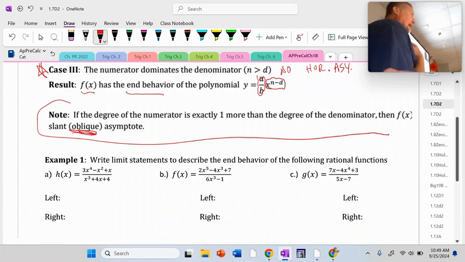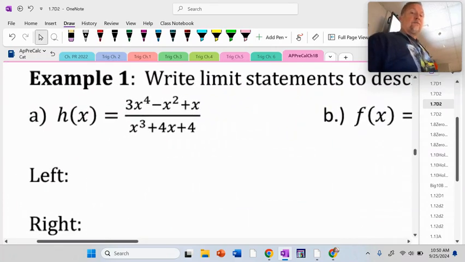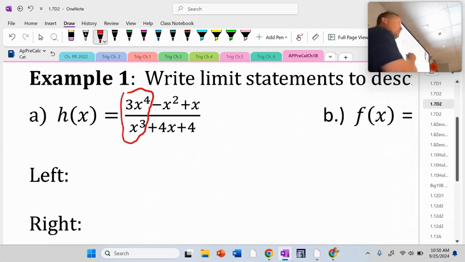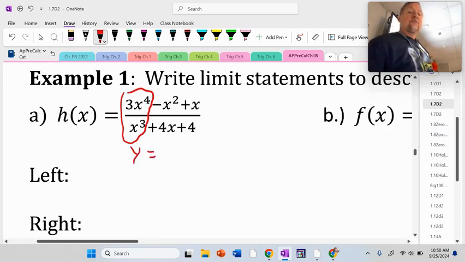I will tell you on letter A, we reduced what people had to do last year compared to what you have to do this year. You would have to actually long divide these two. But look, the degree of the numerator is 1 bigger than the denominator. So if I were to long divide this, the first term would be 3x to the fourth over x cubed.